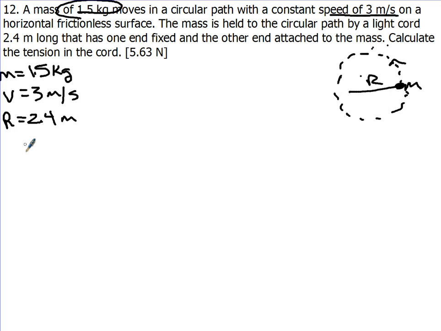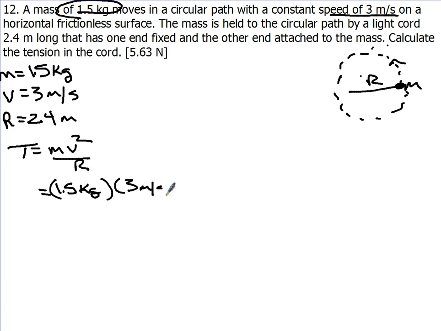The tension is equal to m v squared over r. So the mass is 1.5 kilograms. v is 3 meters per second squared, divided by a radius of 2.4 meters.